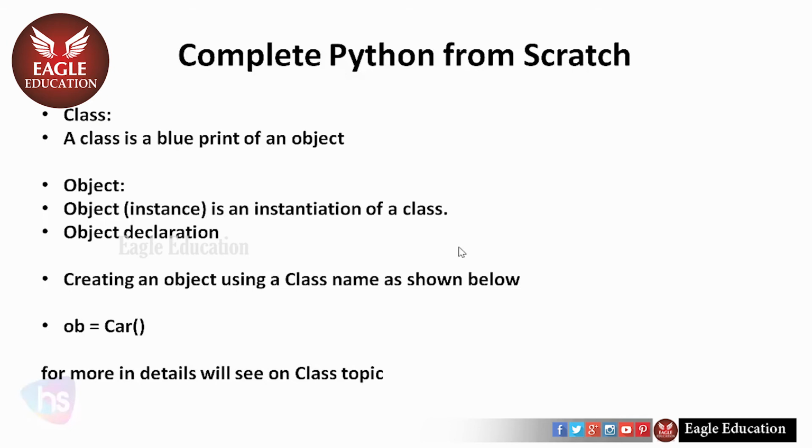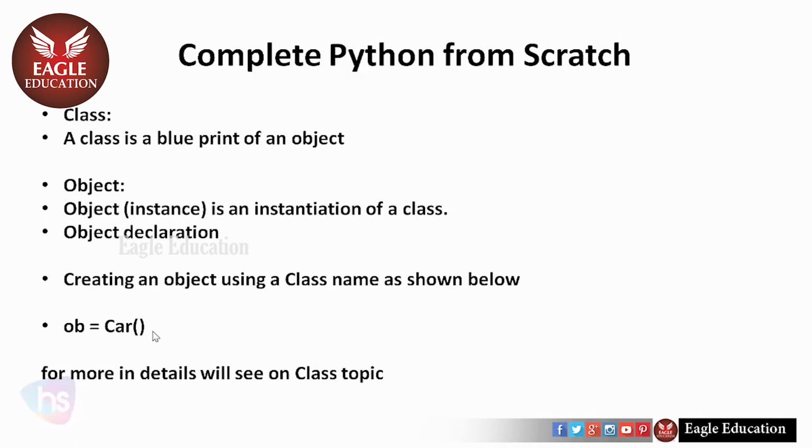Alright, creating an object using the class name is shown below: ob, like object, is the variable I have declared here, equal to Car with parentheses. Car, with a capital C, is the name of the class.